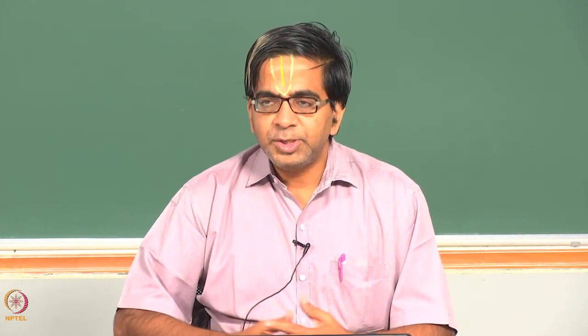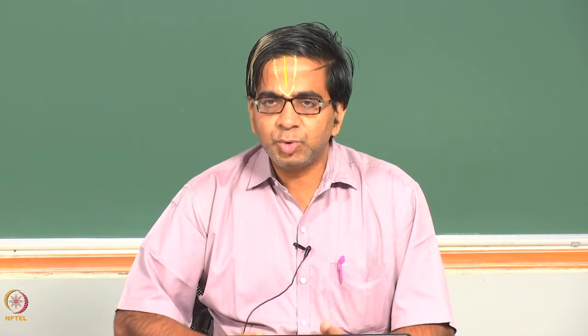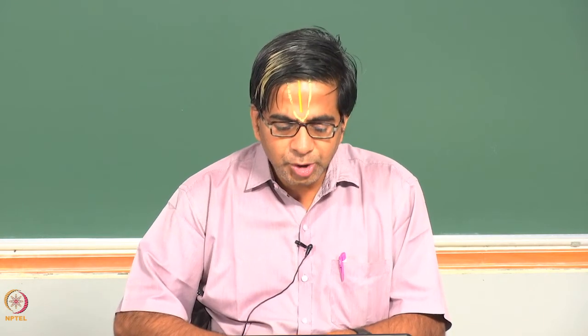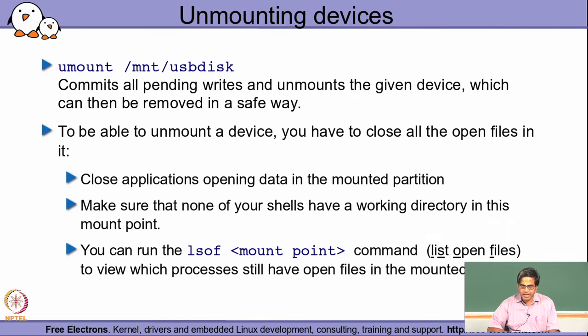If I have done a cd into a directory inside that file system, and on another shell prompt I try to umount it, the Unix system will not allow me to do that, because my shell process has marked this file system as busy; the current directory is inside this file system. So, to be able to unmount the device, I have to have all the open files within the file system closed. So, how can I do it?